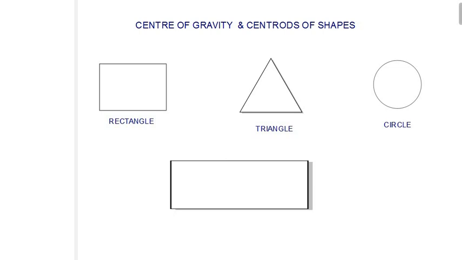So let's illustrate this with a point here. Let's look at a triangle. We have a rectangle, we have a triangle, we have a circle.